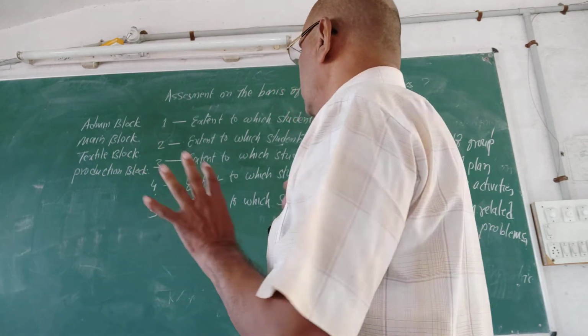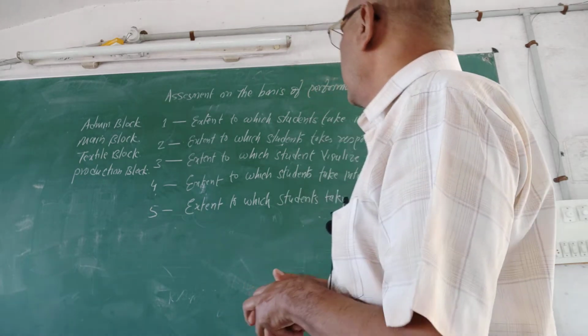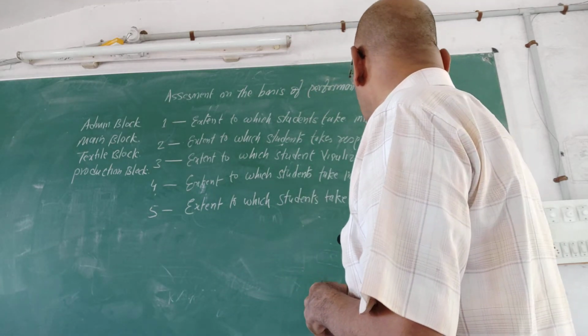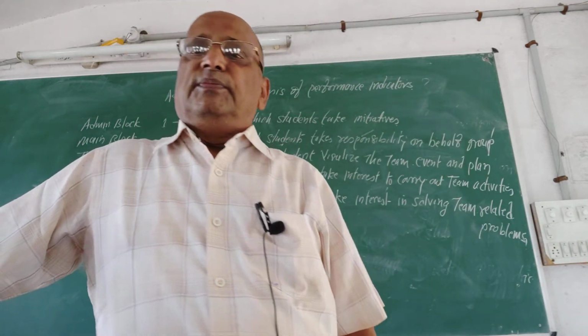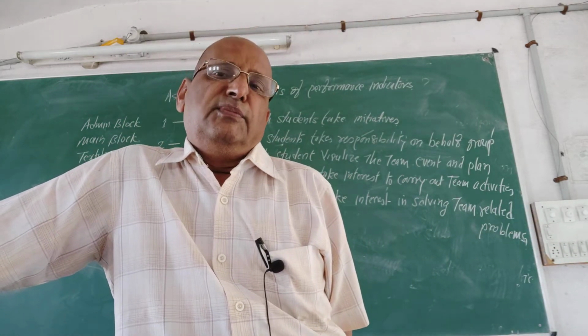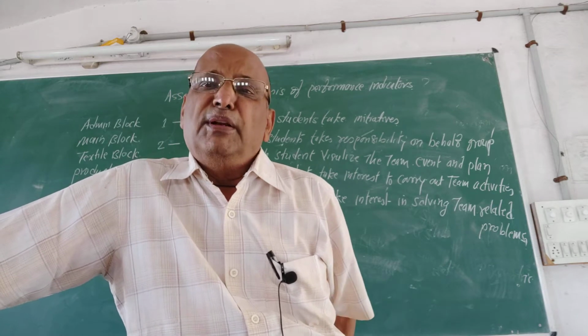This is the initiative taken by you. Now the second point is the extent to which the student takes responsibility on behalf of the group. There is a group of 14 students plus one team leader.